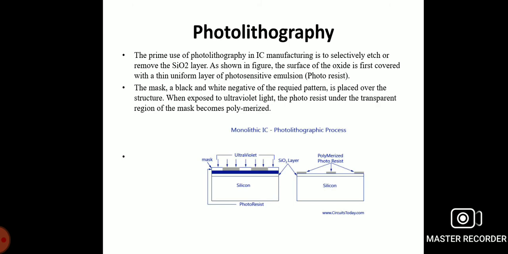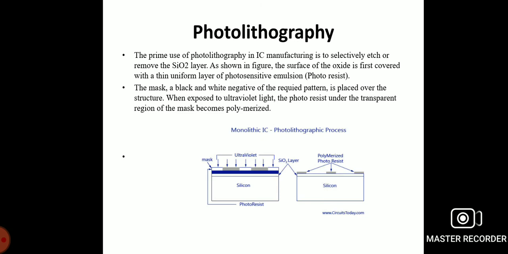The whole layer is then exposed to ultraviolet light. Due to the exposure, the photoresist right below the white pattern becomes polymerized. The pattern is then removed and the wafer is developed using a chemical like trichloroethylene.